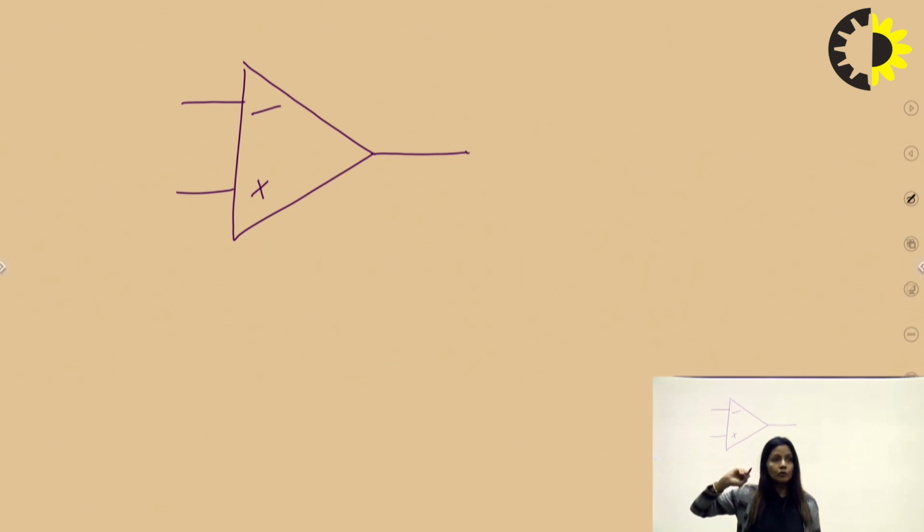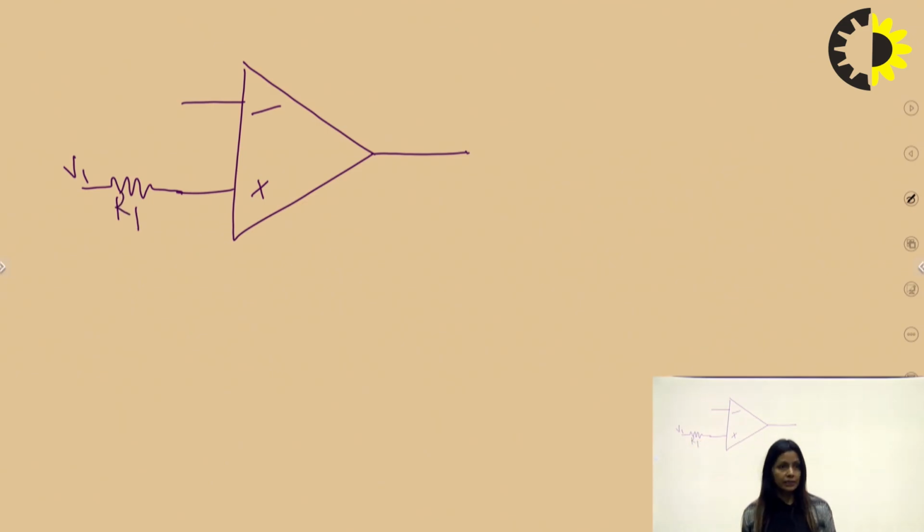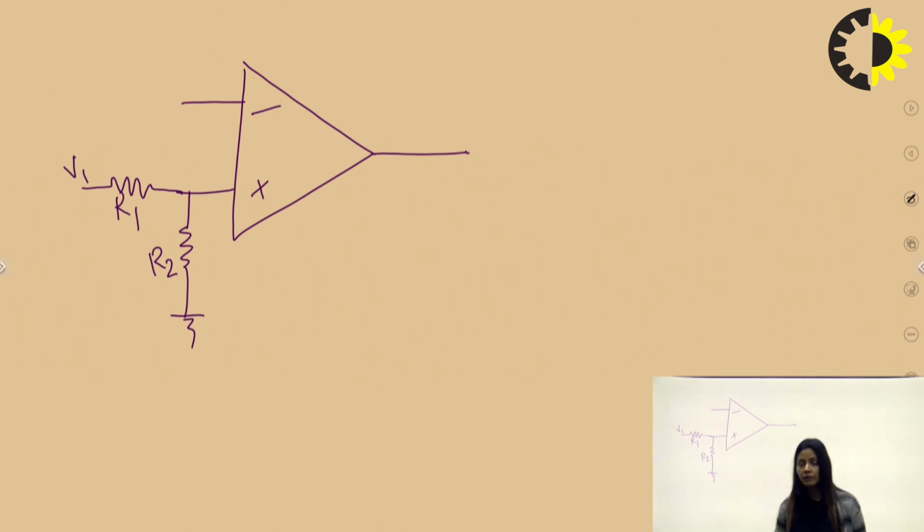Let's say I want to do a particular numerical practice for the op-amp. I am connecting one resistance, giving some voltage V1 at this point with an R1 resistance. Here also I am connecting one R2 resistance, and now I am grounding this point.